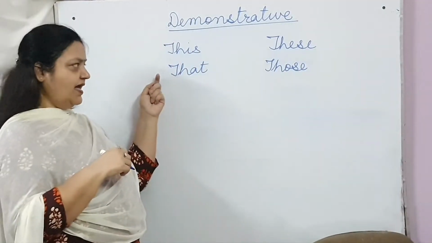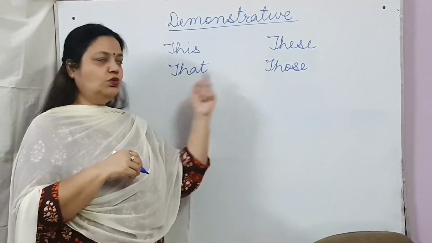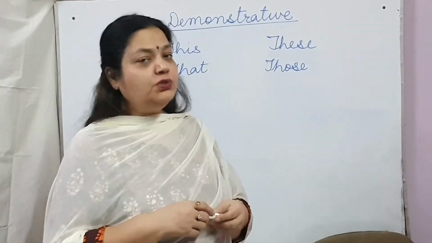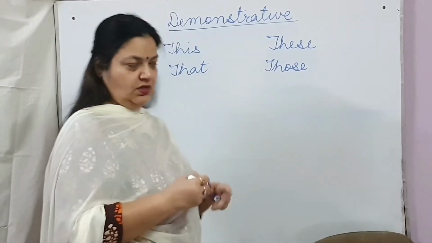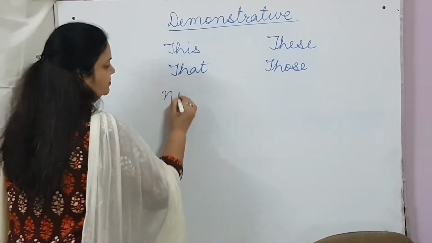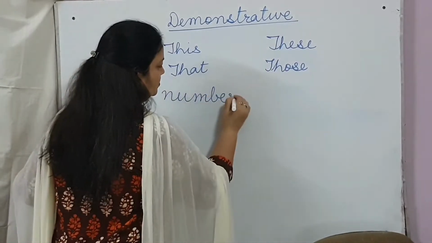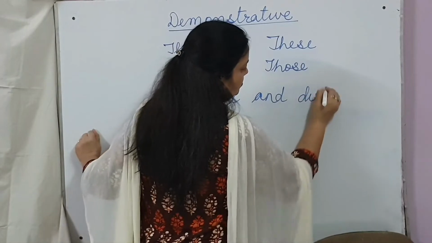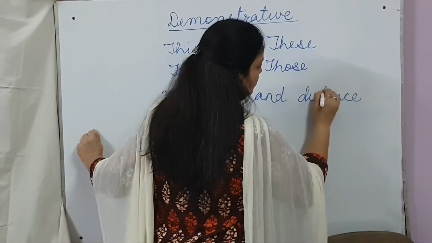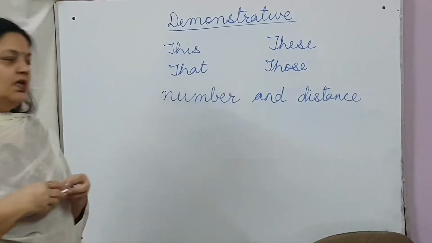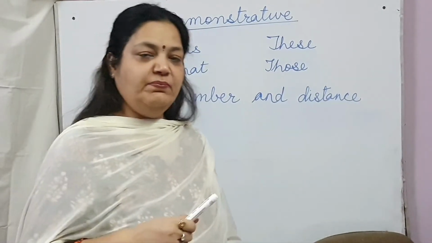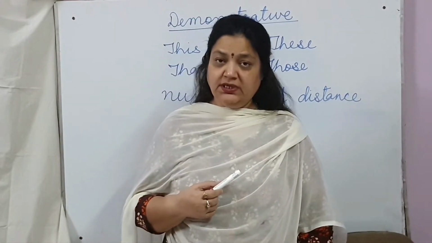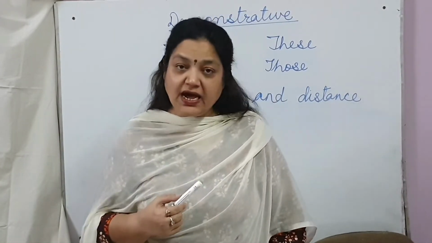This, that, these, those. Now these 4 words are used under 2 heads. First is number and distance. When I say number, I mean number of nouns.